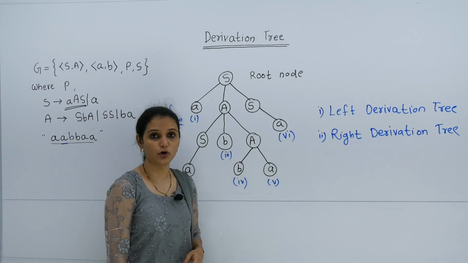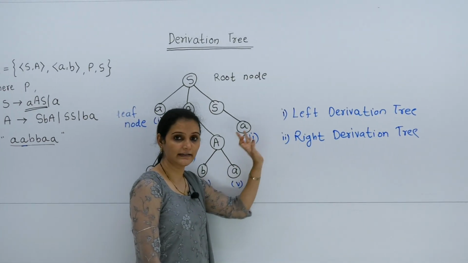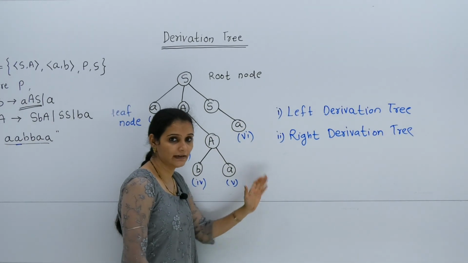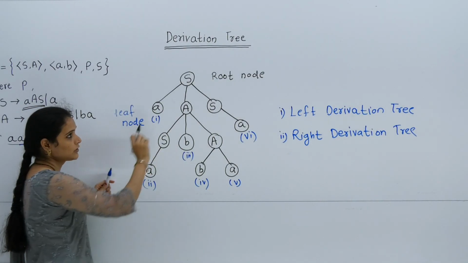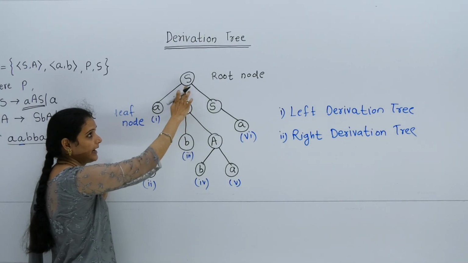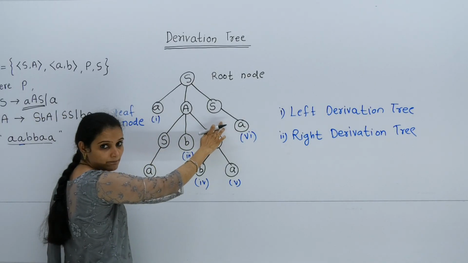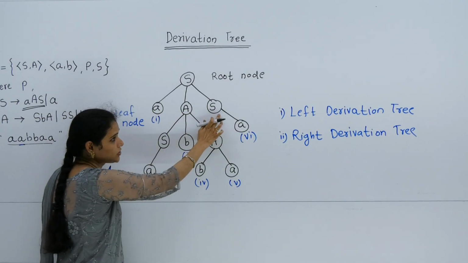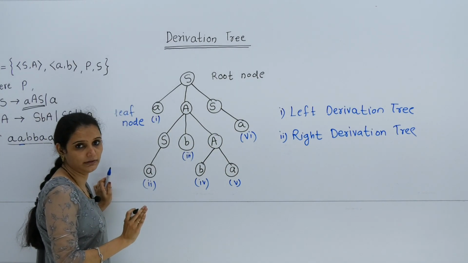In the previous video we have seen leftmost derivation and rightmost derivation. Similar to that, suppose this is the question asked. In that, it is the root node. We have derived using the production rule S produces AS. So among these nodes, which is the leftmost non-terminal?